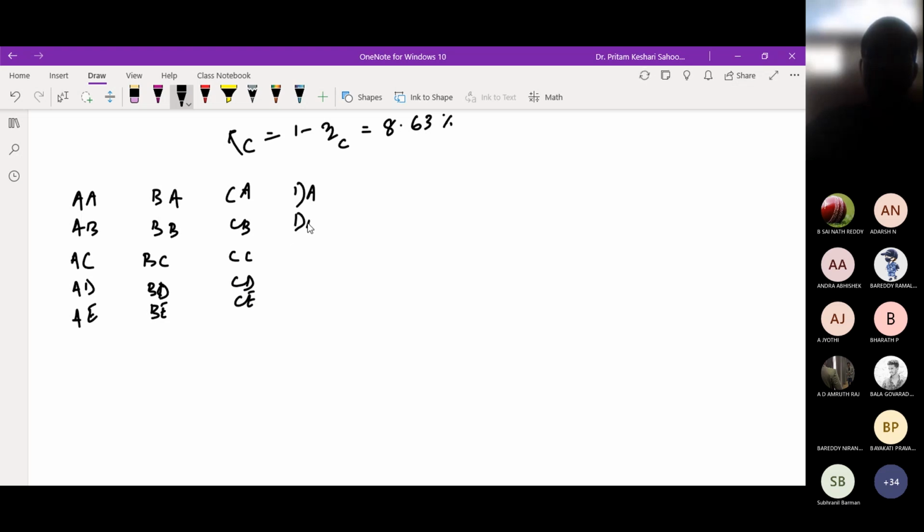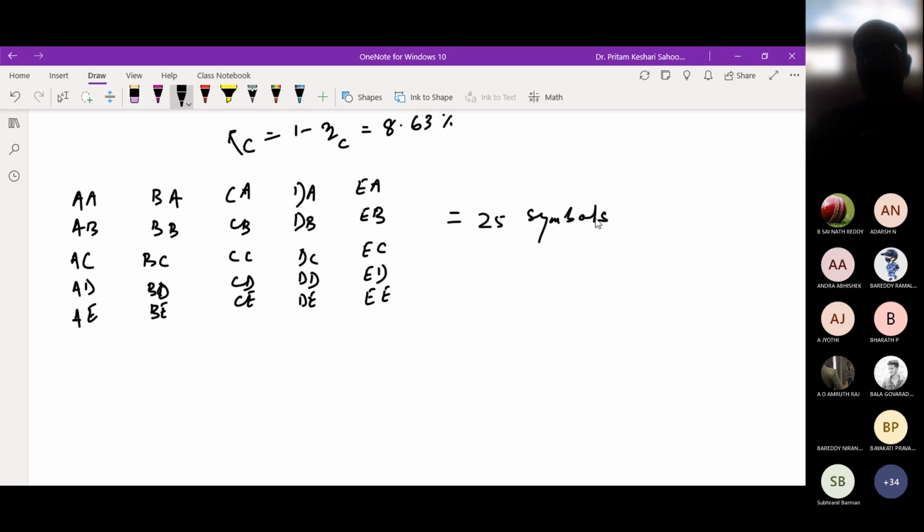DA, DB, DC, DD, DE. EA, EB, EC, ED, EE. If you calculate, in total we are having 25 symbols, or 25 alphabets, which are generated by the source after second extension.